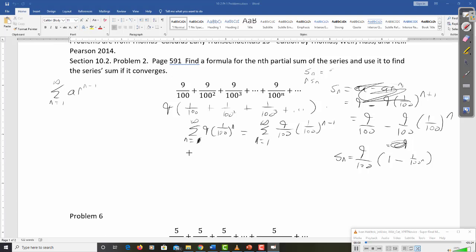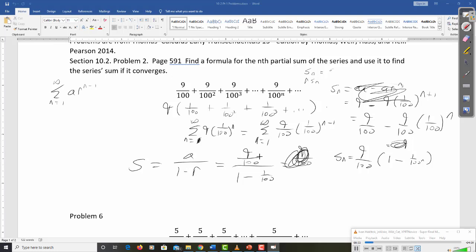The series sum, we can just use our formula for the sum of a geometric series, a over 1 minus r, since clearly 1/100th is less than 1 in absolute value. So this is 9 over 100 over 1 minus 1 over 100.